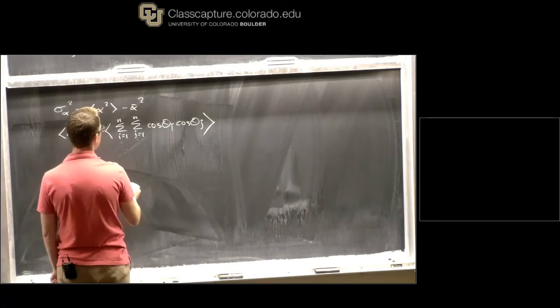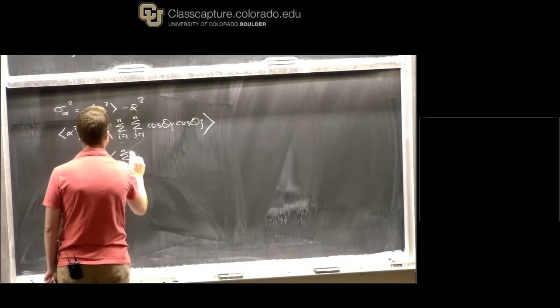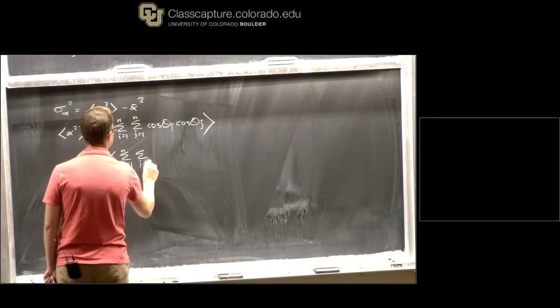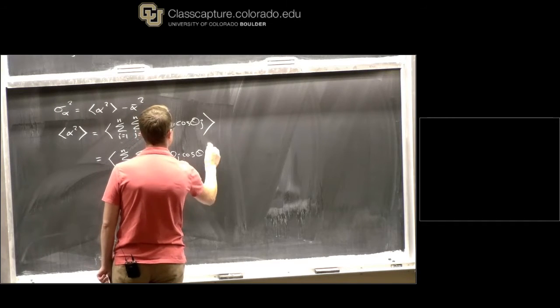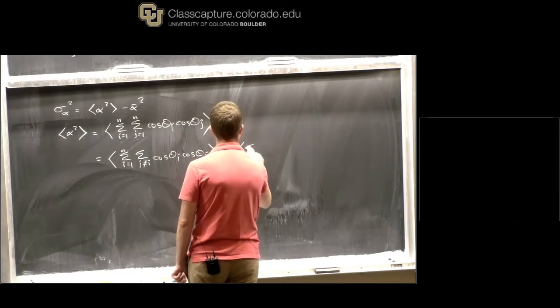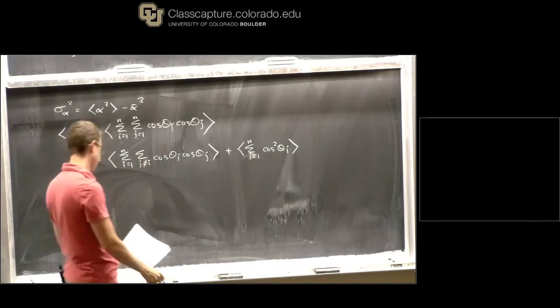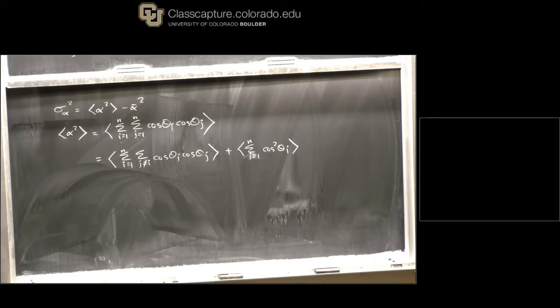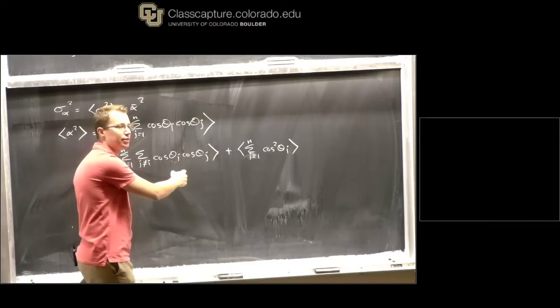So that is to say this is the sum over i and all the j's that are not i of cos theta i cos theta j, plus the part where j is i, in which case you get a cos squared.